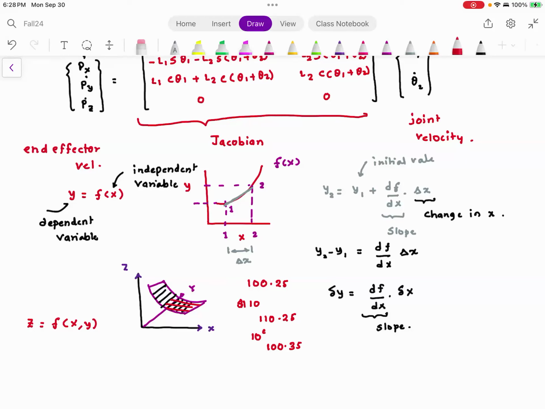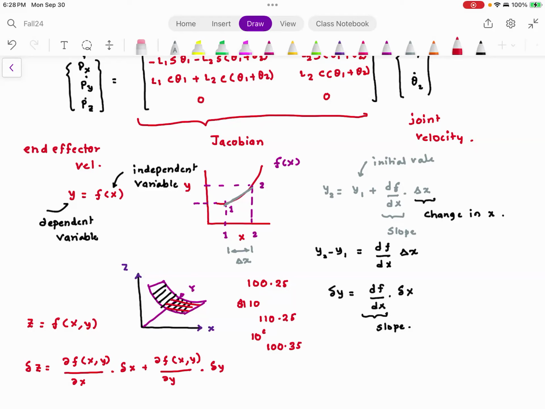What it means, and this is extremely important, is that if I am interested in finding the change in z, I need to find partial f of x y with respect to partial x multiplied by the change in x, plus partial f with respect to partial y multiplied by the change in y.